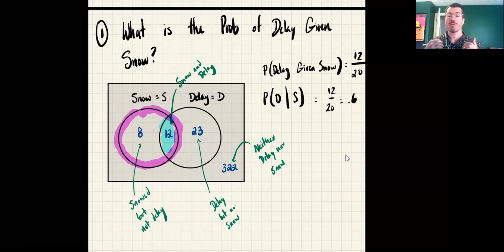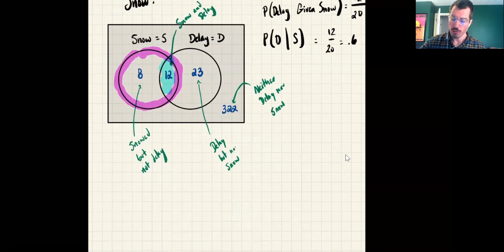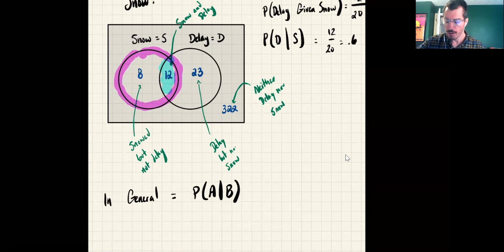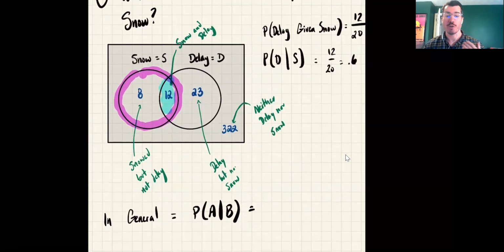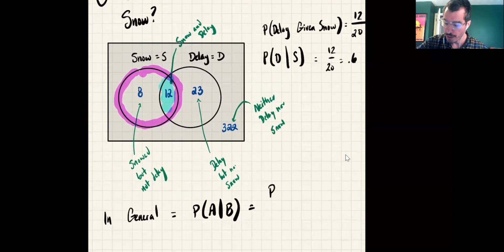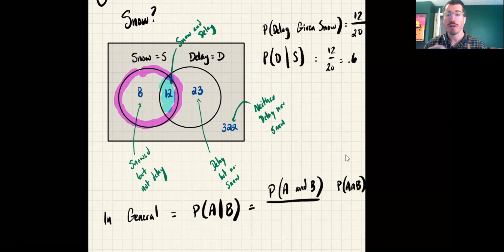So let's try to figure out, what can we gather from this? What did the 20 represent? What did the 12 represent? So in general, we can say that the probability of A given B is going to be equal to, all right, our first piece is that intersection between A and B. So that's the probability of A and B, also known as the probability of A intersect B, divided by, well, where did that 20 come from?